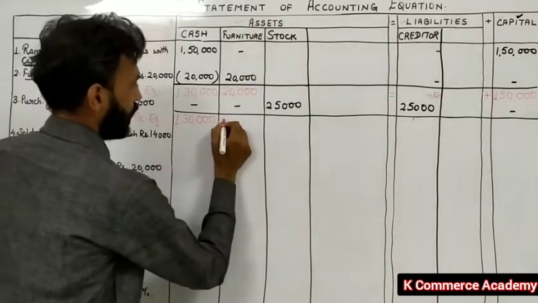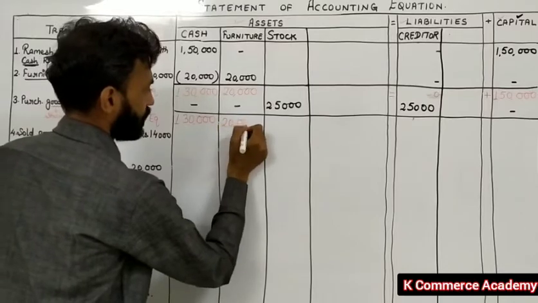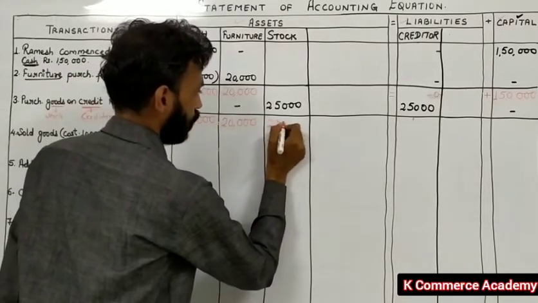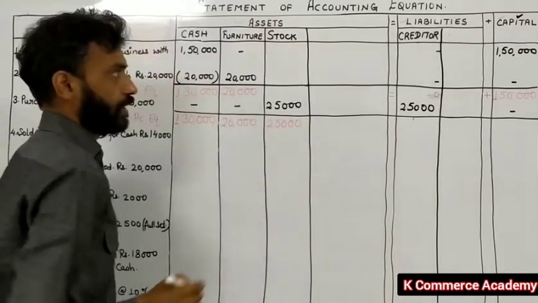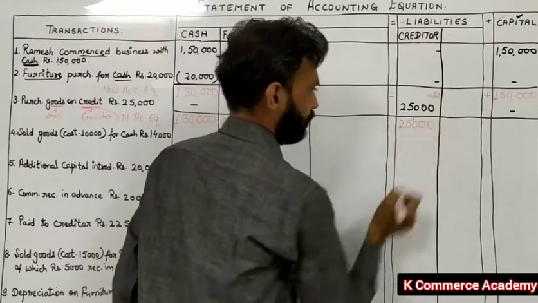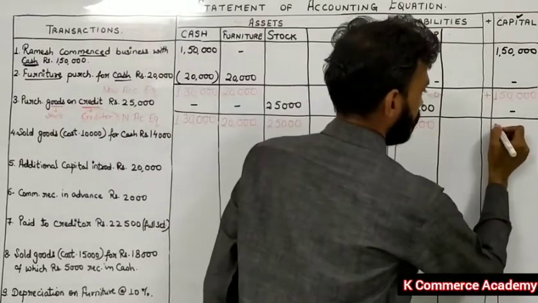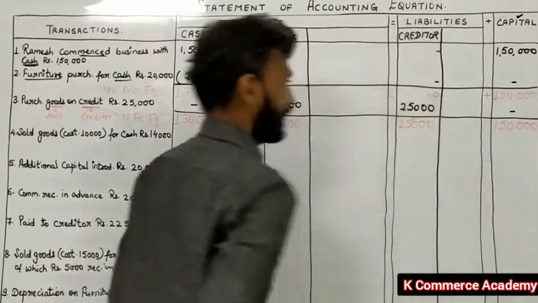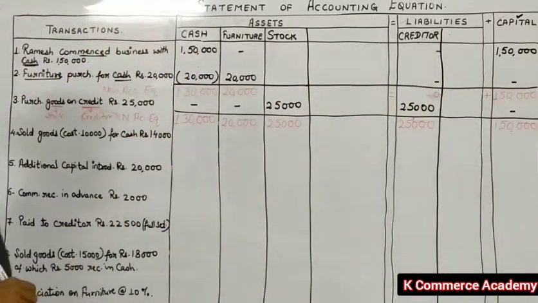After that, we have furniture of rupees 20,000 as it is. Now we have the stock also of rupees 25,000. We have creditors in the liabilities of rupees 25,000, and we have capital as it is, rupees 1,50,000.